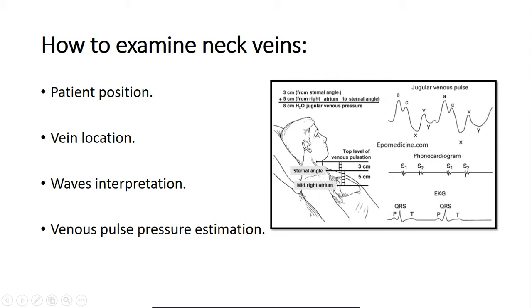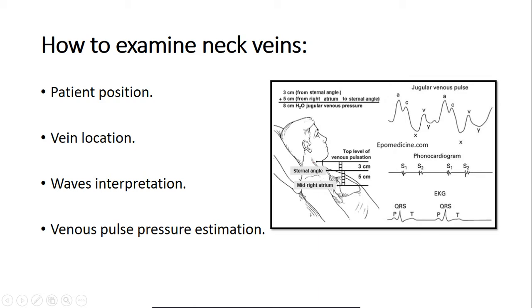A, C, V up, X, Y down. By the way, the C wave, you will not see it. It is just traced, but clinically, you will not see it. You will see A and V, X and Y. Okay.